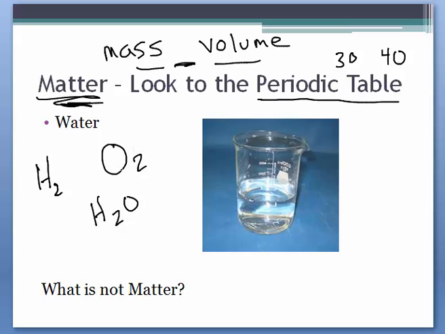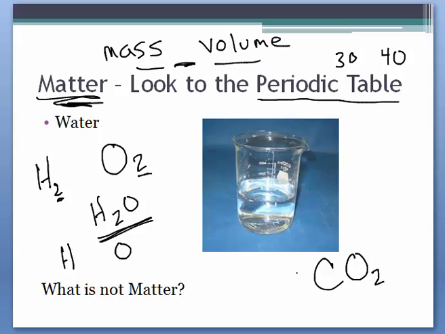O is actually in the form O2. So if we just took a hydrogen from the periodic table and an oxygen from the periodic table, we can put them together to form water. We'll talk about these details a little bit later. But anyway, matter can be in two forms. It can be a single element, or it can be multiple elements coming together to form what we're going to refer to as compounds.